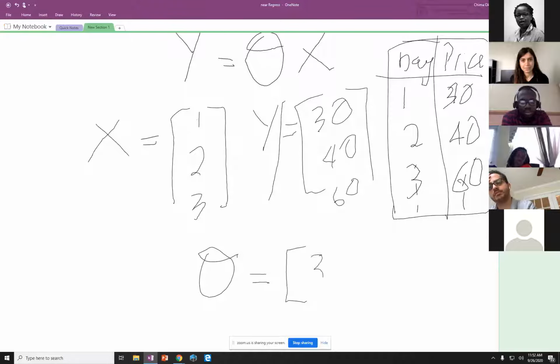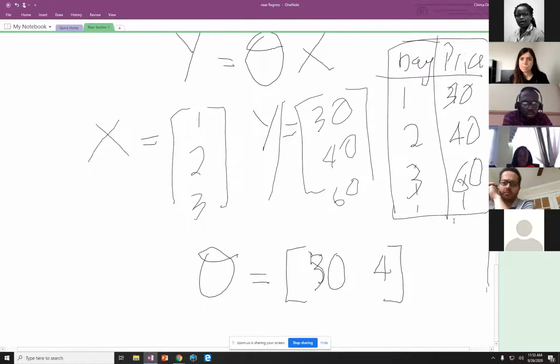And then our theta would be, let's say we estimate it to be 2 values. Let's say it's 30, and the actual theta, M, is actually 15, but let's say it's 30 and 4. And one thing that always helps me personally when I'm trying to get it is using the matrix dimensions.